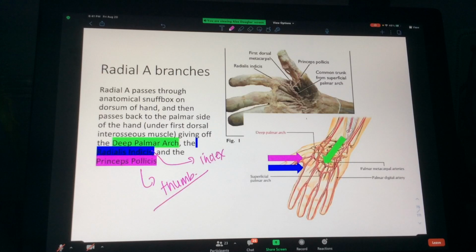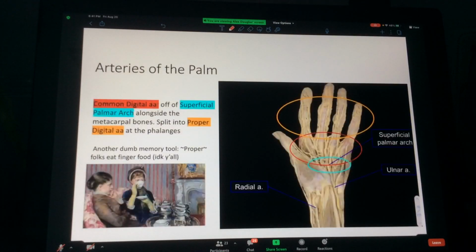If you see an artery that is on the index finger, like in this picture right here, it's radialis indicis. If you see an artery that is going into the thumb, like this artery here, it's princeps pollicis. Other than that, in the palm, you're going to see common digital and proper digital and superficial palmar arch.